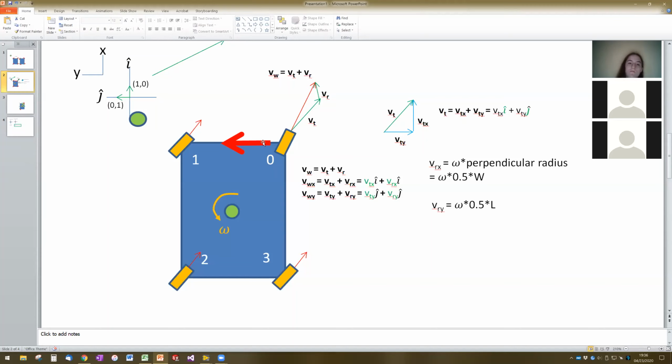Let me ask the same set of questions for wheel module number 1. If we look at wheel module number 1, does this vector make us rotate clockwise or counterclockwise? Clockwise. So positive in the x here agrees with a negative omega. And so we would need to swap the sign when we do this summation here.